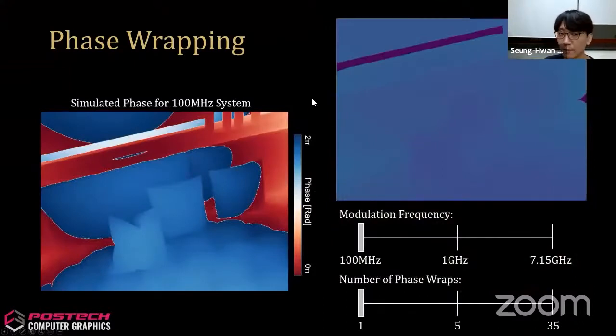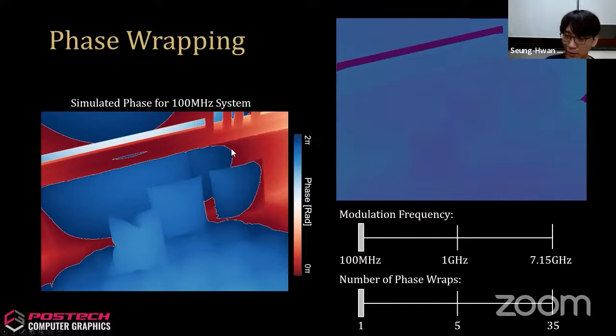If we have an indirect time of flight imaging system that captures this scene with 100 megahertz modulation frequency, then what you're going to obtain is the phase shift from 0 to 2 pi, as shown on the left.